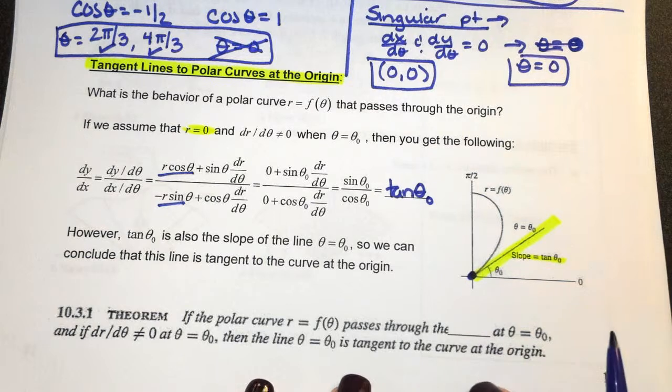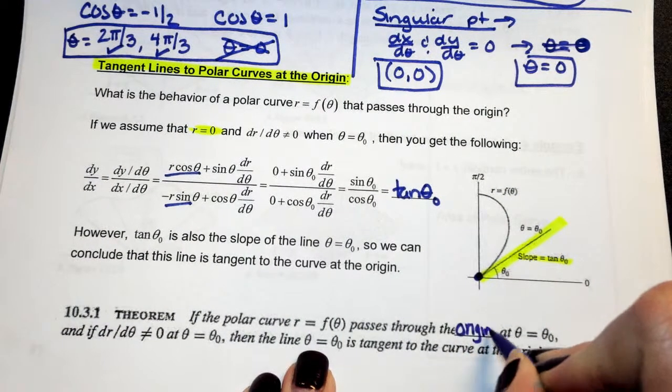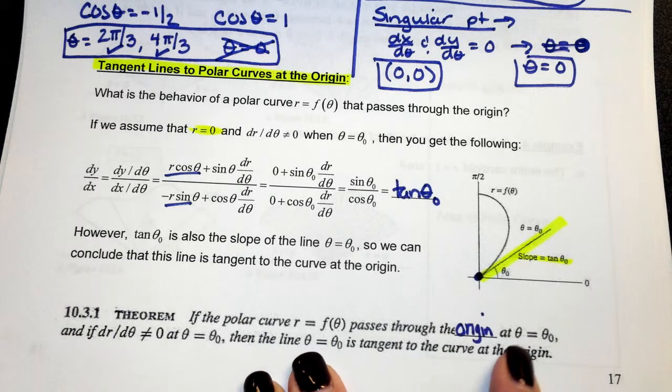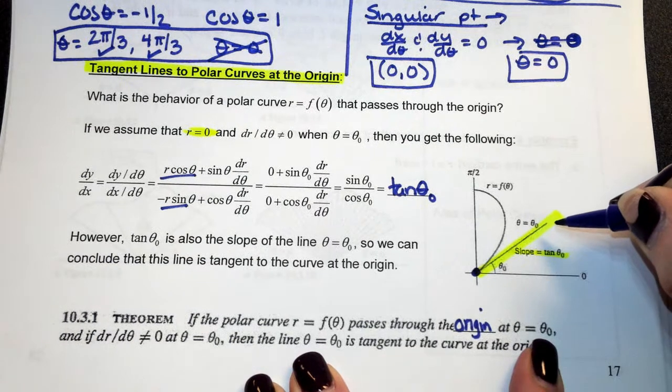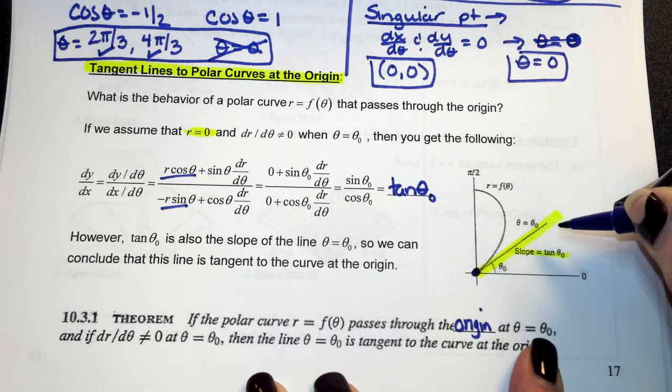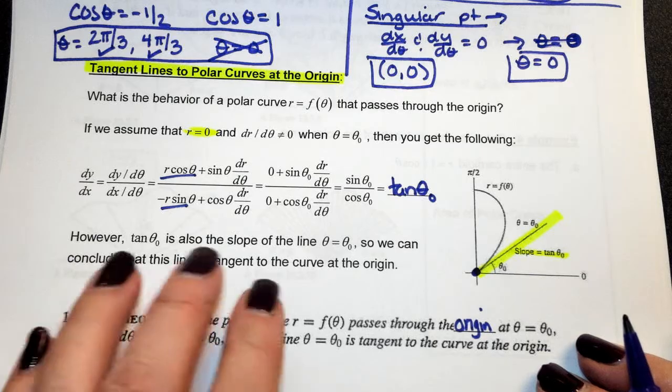So if you have a polar curve that passes through the origin at theta equals theta sub 0, which is going to be the tangent line, that will occur when r is equal to 0 and dr d theta cannot be equal to 0.